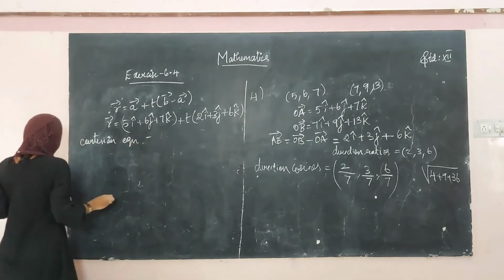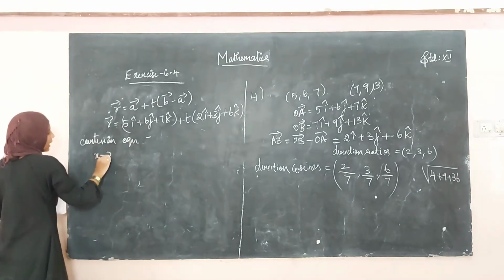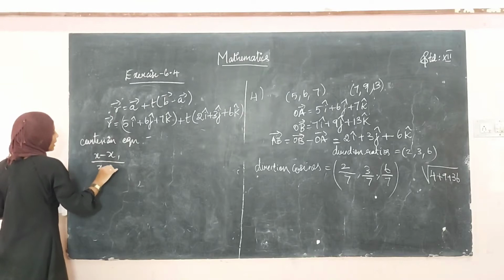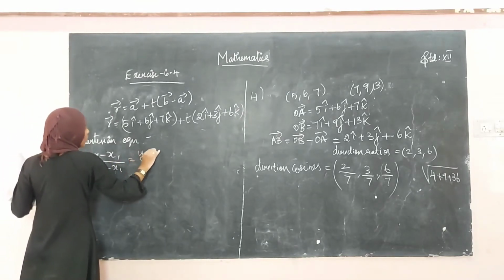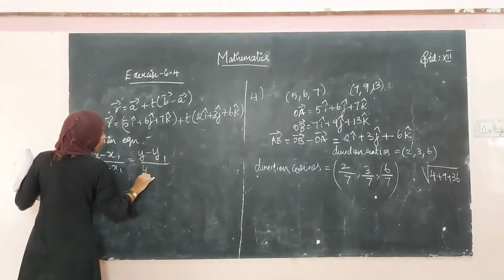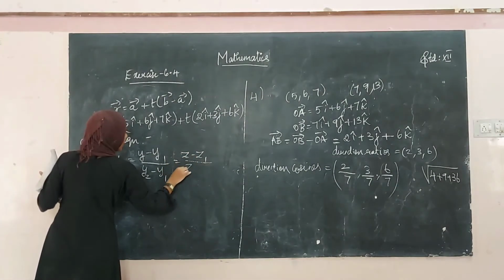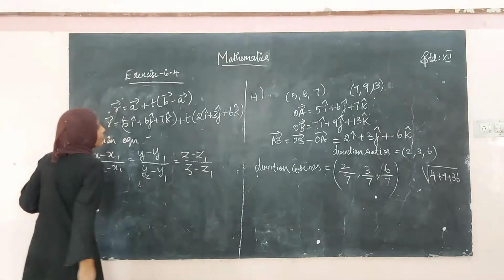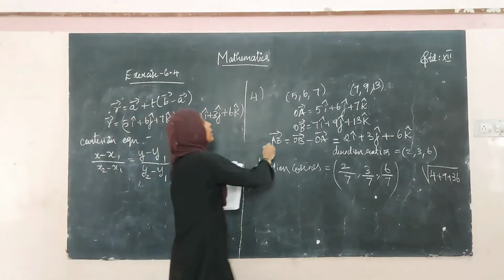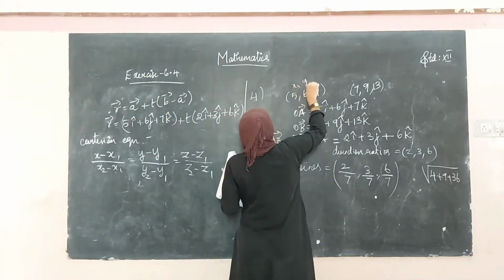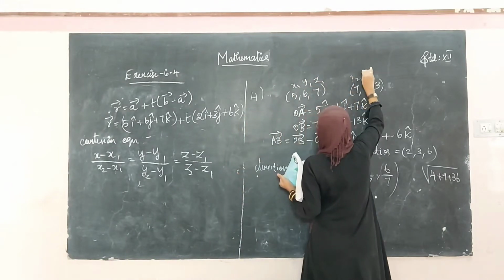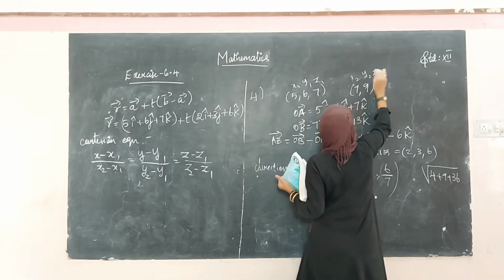The Cartesian equation will be formed using the formula (x minus x1) divided by (x2 minus x1) equal to (y minus y1) divided by (y2 minus y1) equal to (z minus z1) divided by (z2 minus z1). We have to take these 2 points, right? So take this as x1, y1, z1, x2, y2, z2.